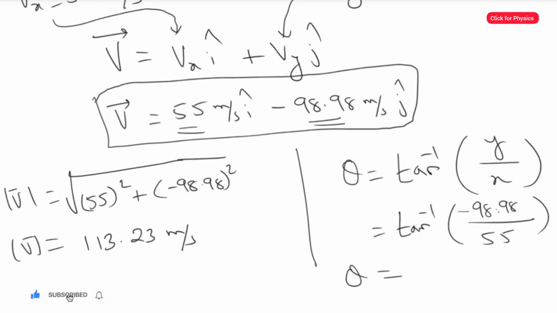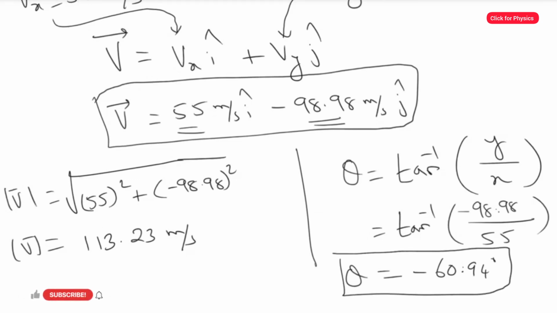So by that we will get the answer for the velocity vector. So tan inverse of minus 98.98 divided by 55. Here we got the answer as minus 60.94 degree, and this is the angle for the velocity vector.